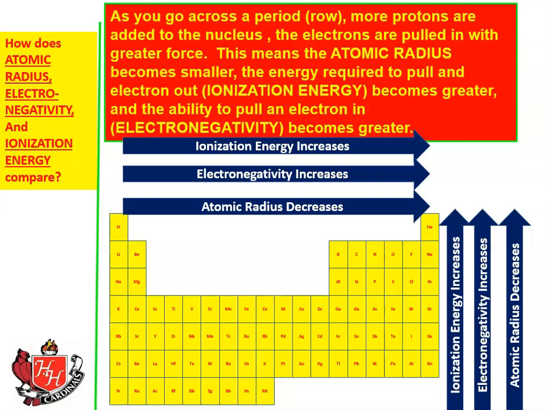And the ability to pull in an electron, electronegativity, also becomes greater. That explanation is not quite as obvious, but again, there's more pull from the nucleus because there are more protons. So again, memorize these trends. You're going to use them a lot throughout this course.